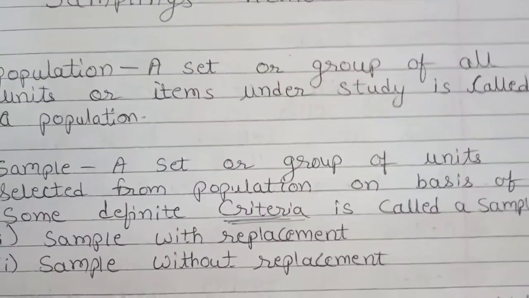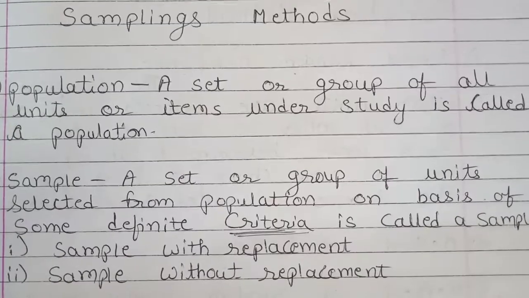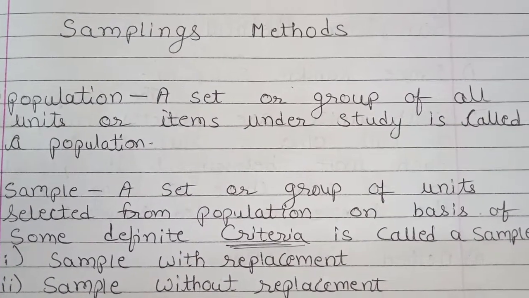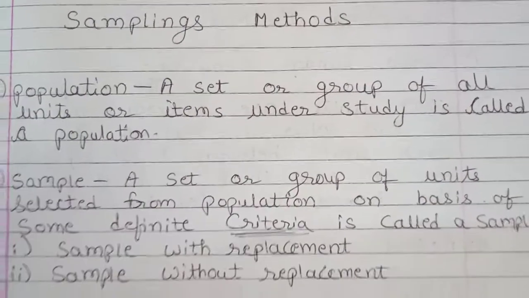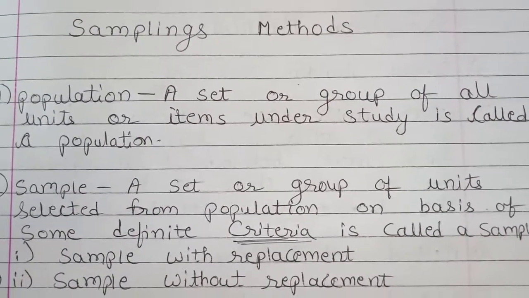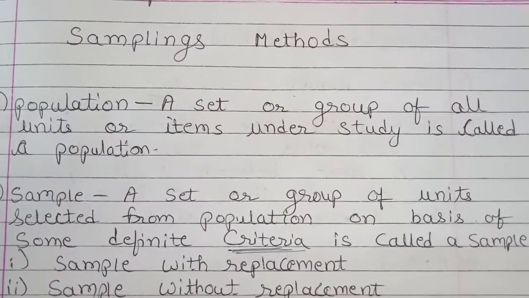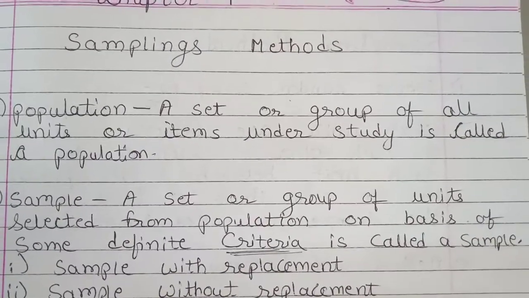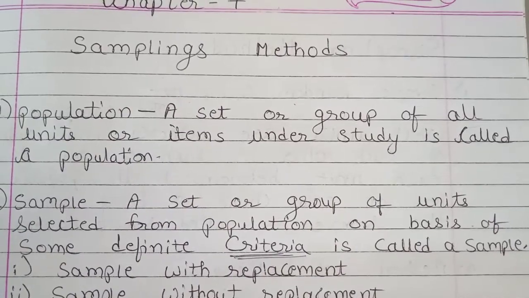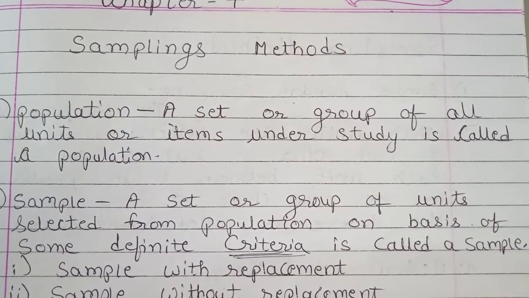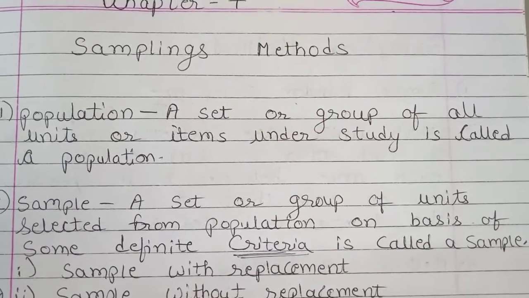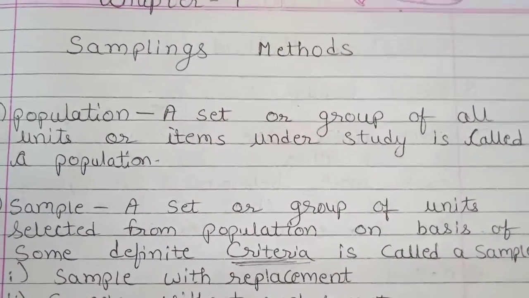So from those 1000 students, if we are selecting some students on the basis of some criteria, then this set of students becomes our sample. Or another example: if we study the average production of rice in any one district of Gujarat, and if we select some of the farms, then it is known as the sample for that particular study.